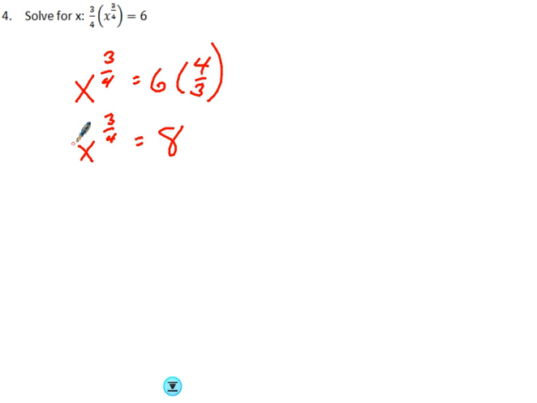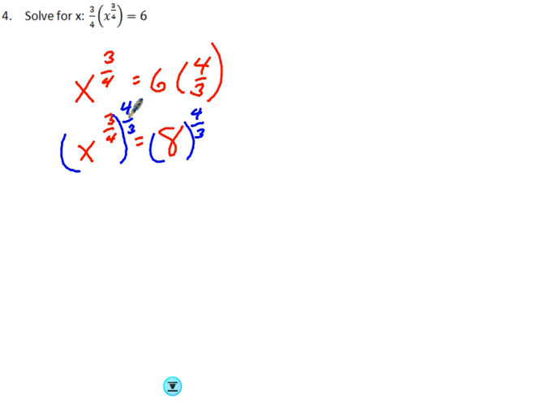And then from here, to get rid of this 3/4, you want to really make this exponent 1, because x to the first is x, which is what we're going to try to solve for. And if we want to get rid of this 3/4, you can raise both sides of your equation to any exponent you want to, as long as it's the same. And the best thing to do would be to raise it to its reciprocal again, 4/3. So we'd have to raise this guy to the 4/3.